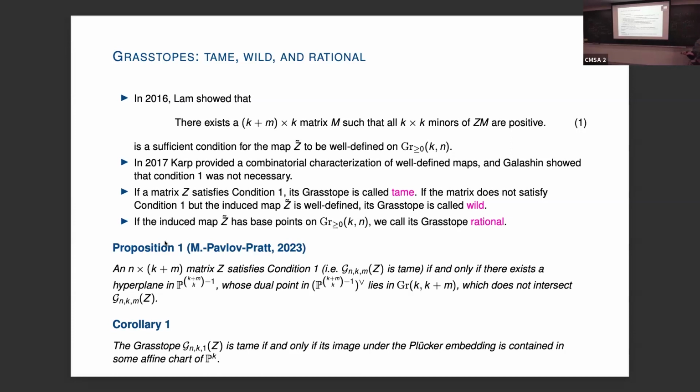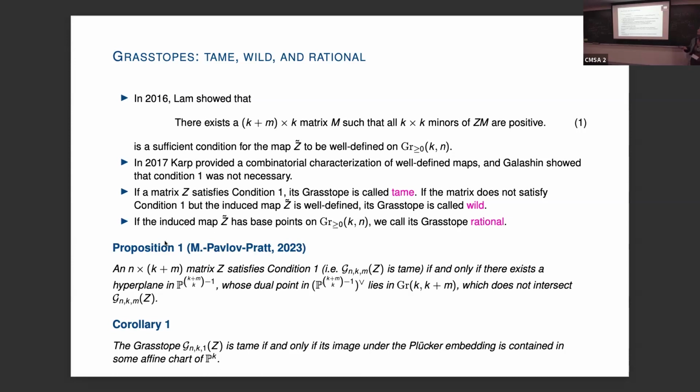So when we dehomogenize to draw in an affine chart, we can choose the disjoint hyperplane to dehomogenize with respect to, and then since our Grasstope never touches it, it'll be contained in this affine chart. And conversely, if it is not tame, then it intersects every hyperplane. So no matter which affine chart we pick, there will always be points at infinity.